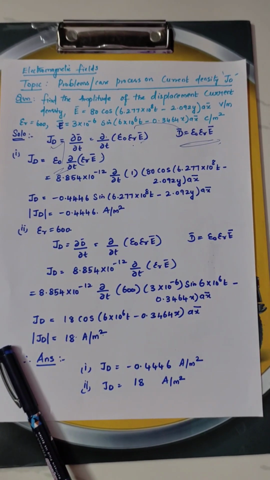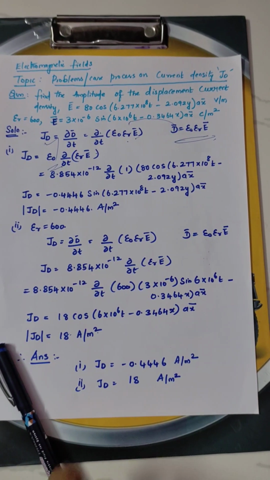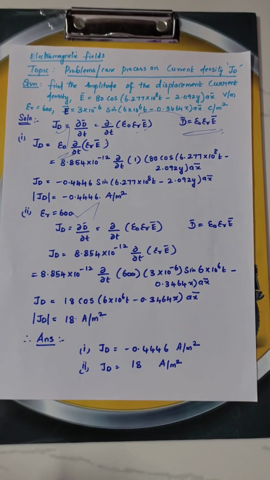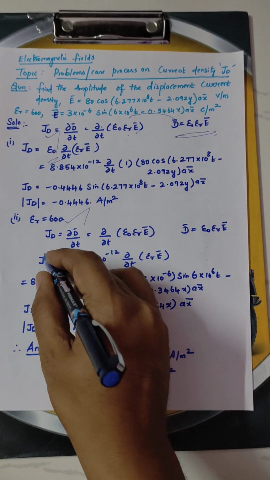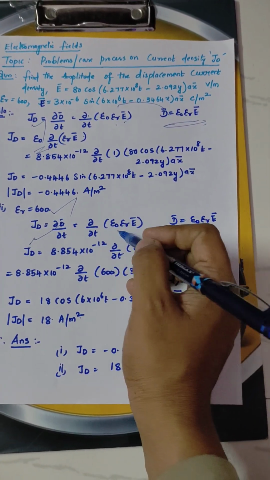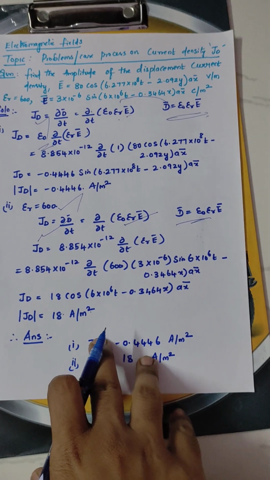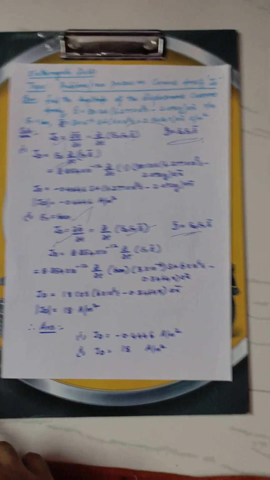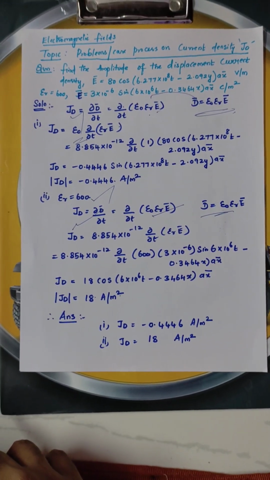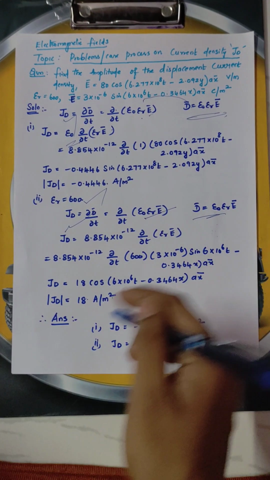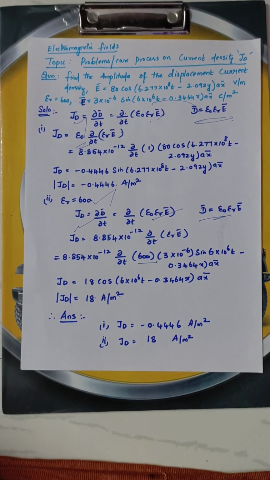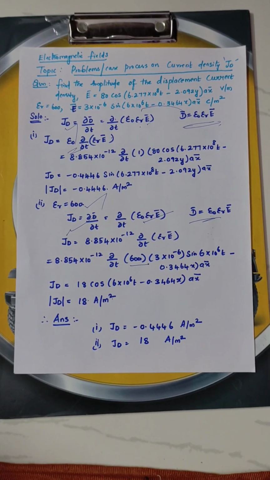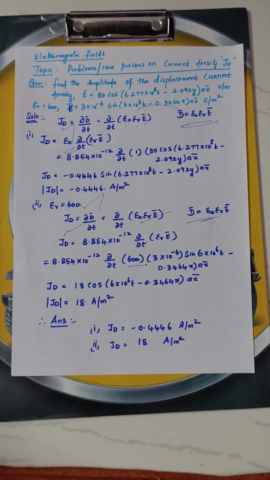In the second case of the problem, epsilon r is introduced as 600. Just introduce 600 for the new E vector. Again, the formula JD equal to dou D by dou t, where D vector is equal to epsilon naught into epsilon r into E vector. Taking epsilon naught outside as 8.854 into 10 power minus 12, into dou by dou t of epsilon r value, given as 600, into E vector, given as 3 into 10 power minus 6 sine of (6 into 10 power 60 minus 0.3464 x) ax vector.